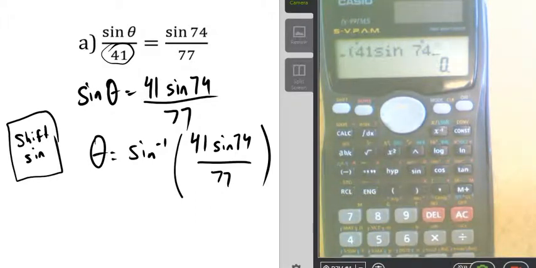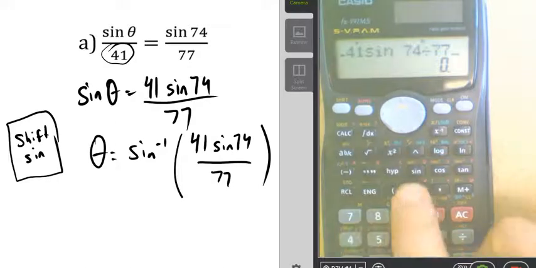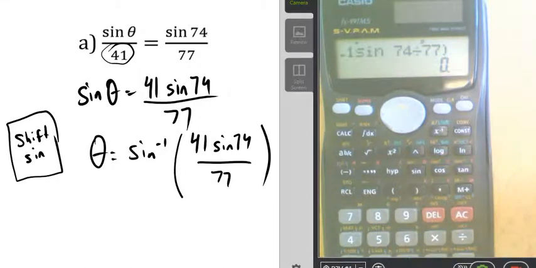What a lot of people do here is they close the bracket. That's wrong. You've got to put brackets around the whole thing. We're not just doing the top. So I divide by 77 first, then I close the bracket. So I've done shift sine of the entire other side.